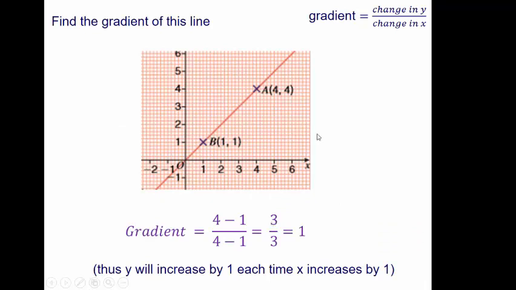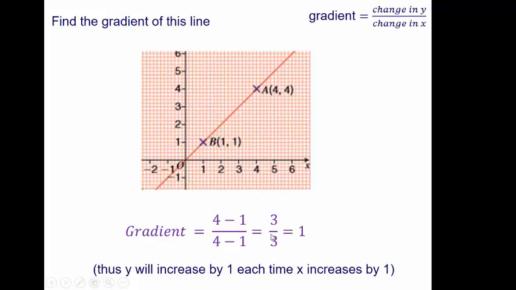So that's just a reminder. So let's have a little practice. Here's a line going through 2 coordinates. We want to know the gradient of that. So we're either going to look at subtracting the y coordinates and the x coordinates, or we're going to count squares, actually the big squares. As we went from b to a, y got bigger by 3, and x also got bigger by 3.